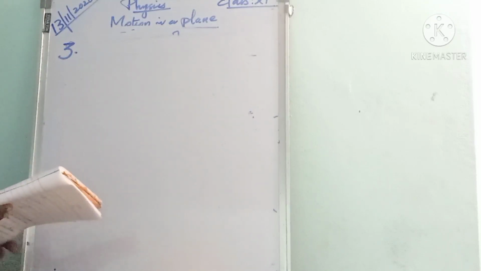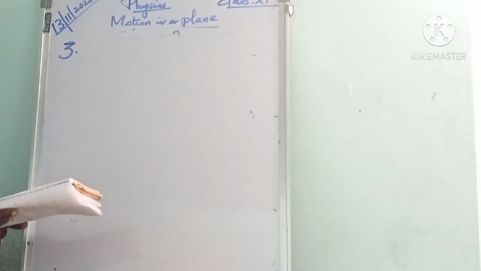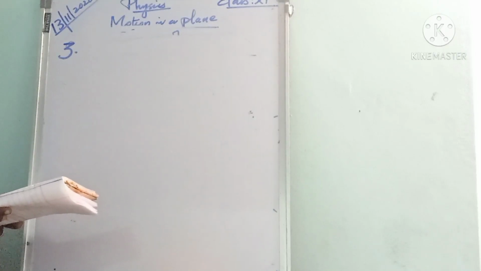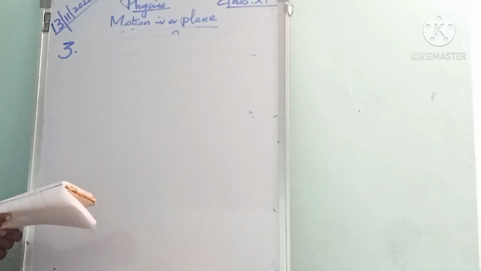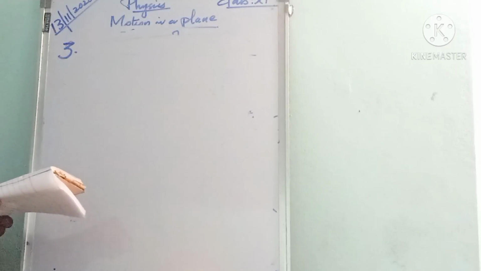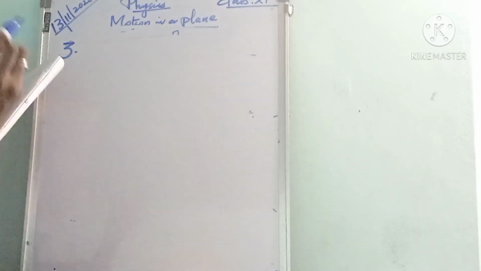Find the value of lambda so that the vectors, vector A equal to 2i plus lambda j plus k, and the vector B equal to 4i minus 2j minus 2k, are perpendicular to each other. Here we have two vectors.